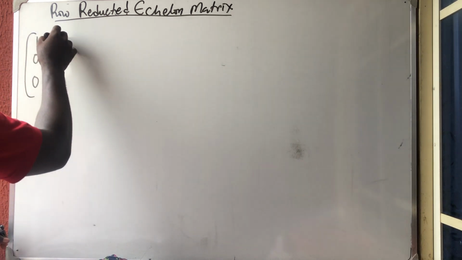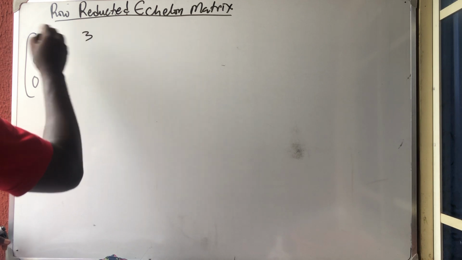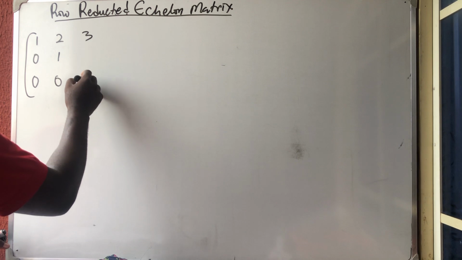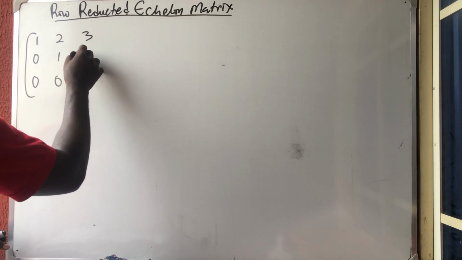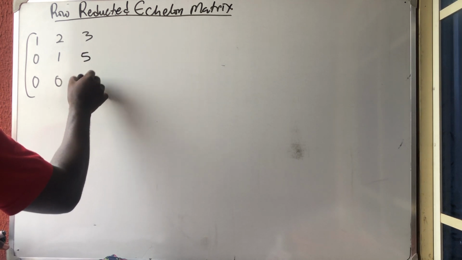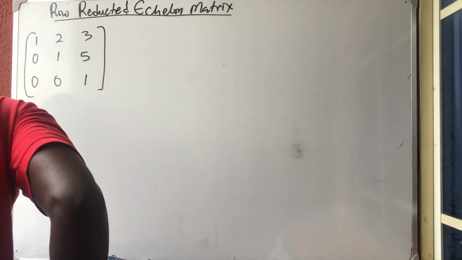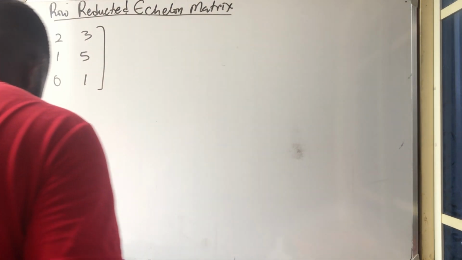Then maybe anything can be here, for instance. Then here again will be 1, then under it will be 0, then the last one is 1 again. Maybe here 2 or anything, then the last one is 1. So this is row reduction, because if you get 1, every other thing under it becomes 0, then we say that it is a row reduction.